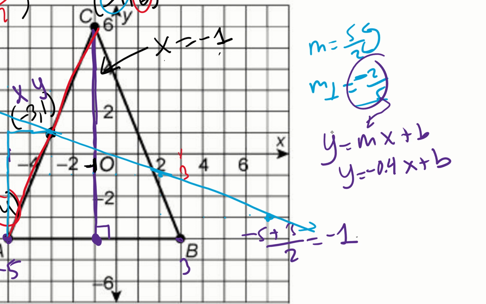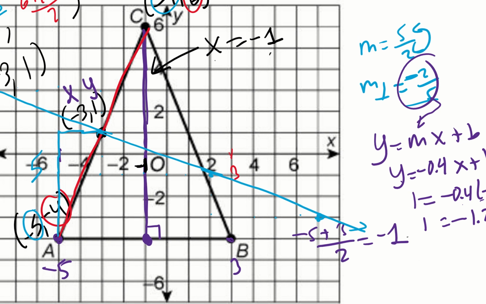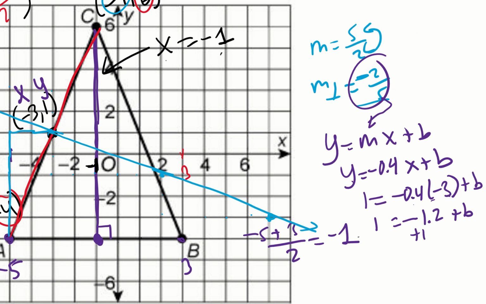All right, so now we'll plug in y is equal to 1, x is equal to -3. So -0.4 times -3 is -1.2. Then we'll go ahead and add 1.2 to both sides.